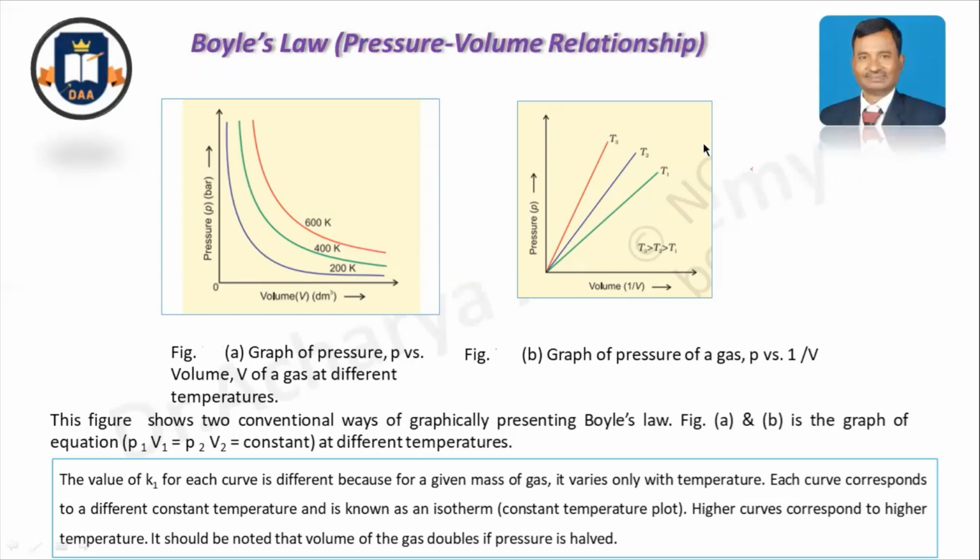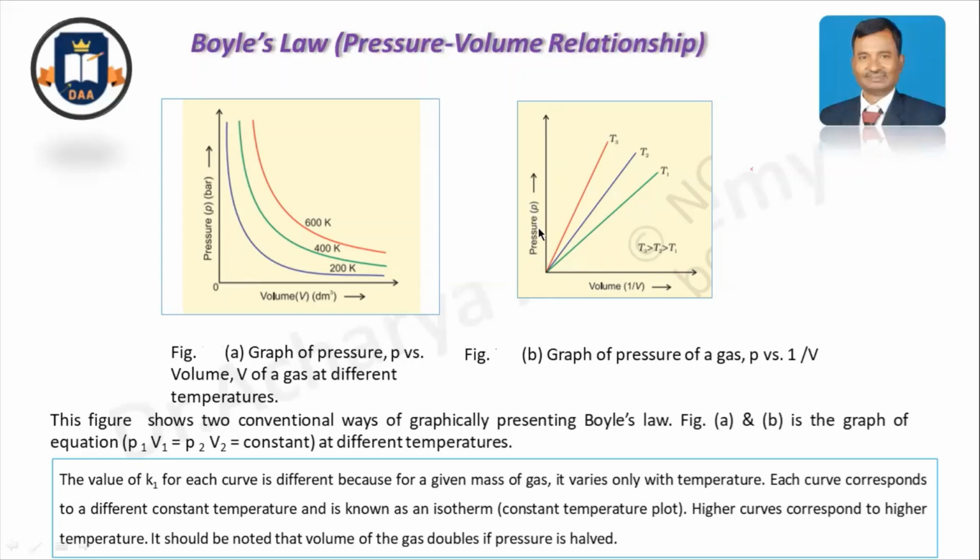Another situation you can see is when volume is inversely proportional, 1 by V. On the left side we considered only volume V. Here the x-axis is 1 by V and the y-axis is pressure.